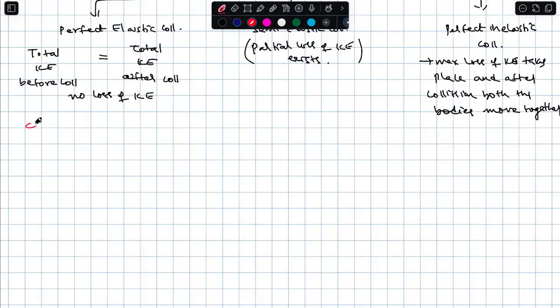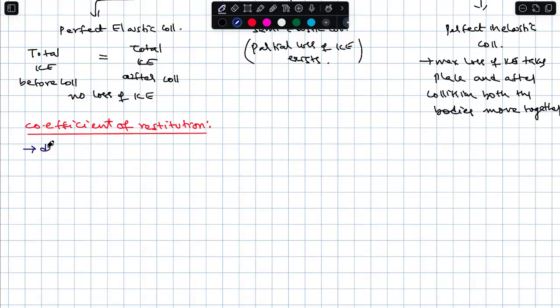so definition, coefficient of restitution. This is introduced by Newton actually. Right. So what exactly does the coefficient of restitution do? In fact, this is telling something about the degree of elasticity in a collision.